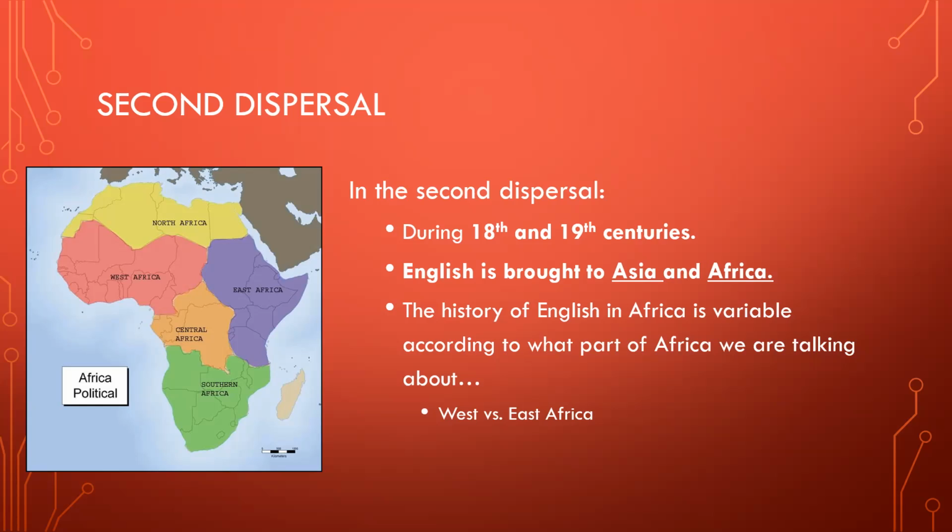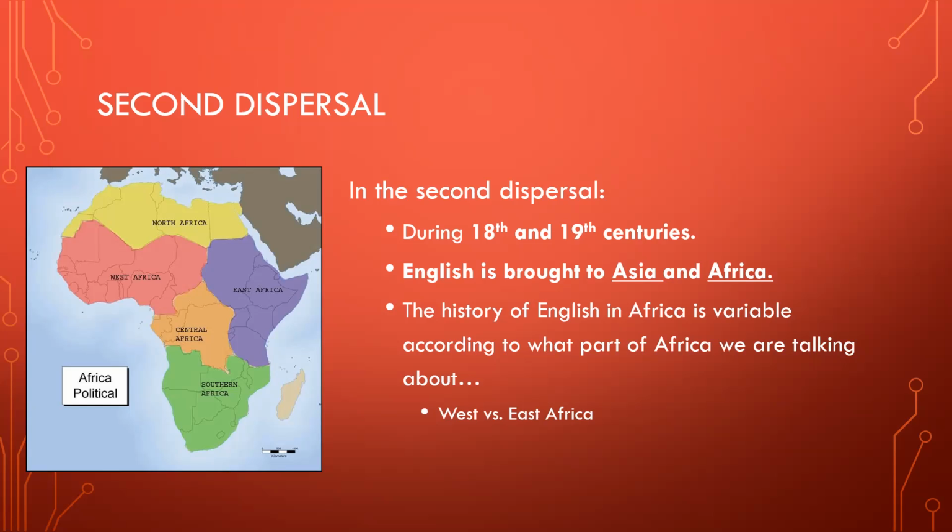Countries that were settled in the first dispersal of British, Irish and Scottish settlers included the United States or America, right? Included Australia, New Zealand, and South Africa.